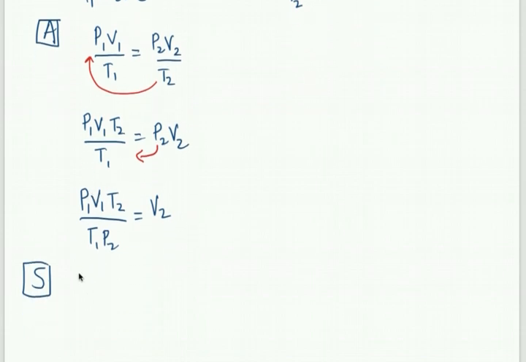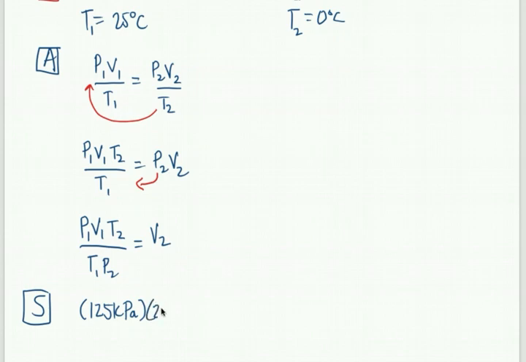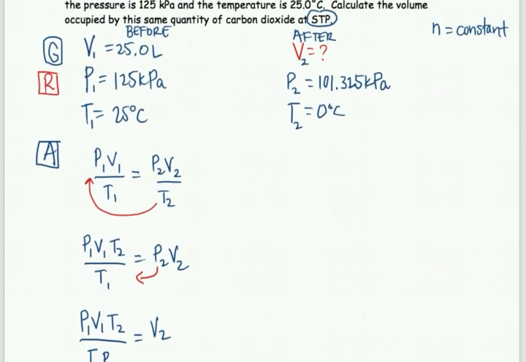We have P1, which is 125 kilopascals. V1 is 25 liters. T2, oh, before we get to adding those in, let's convert these to kelvins. Remember to add 273.15.